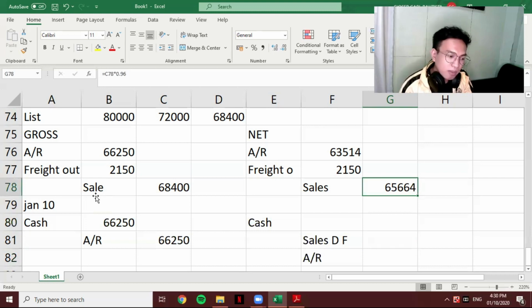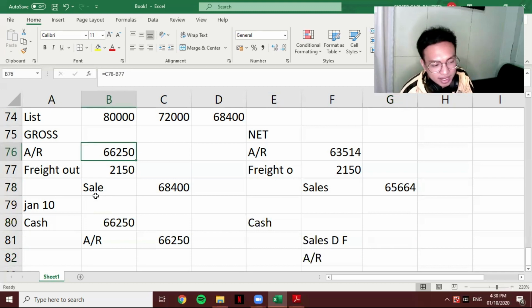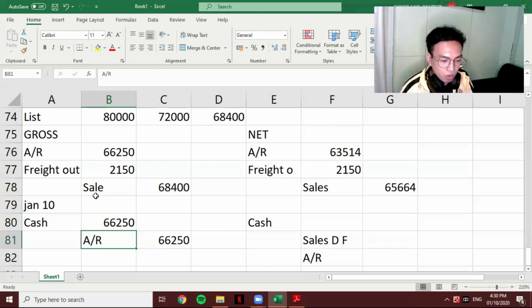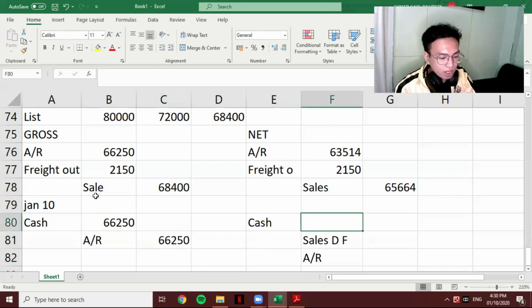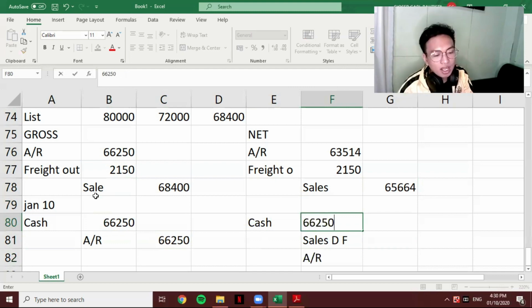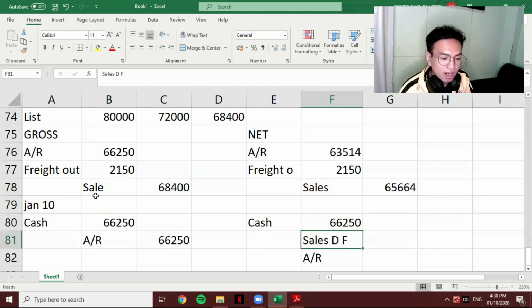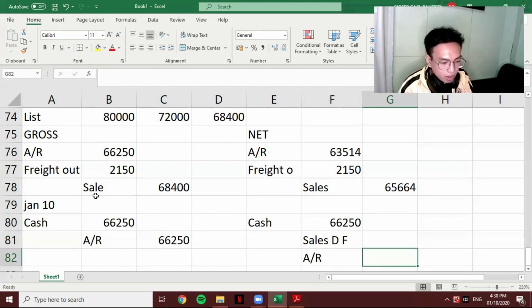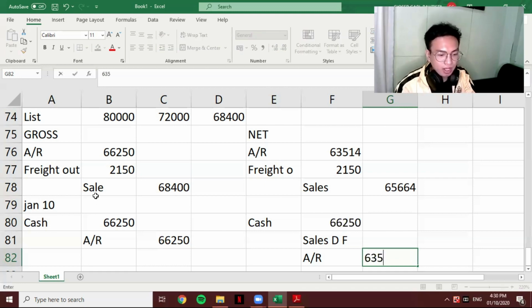But you have to revert it back to your 66,250 na buo. No? 66,250 ang dapat nating makolekta dahil wala ngang discount na nakuha si customer. But your AR is just how much? 63,514.